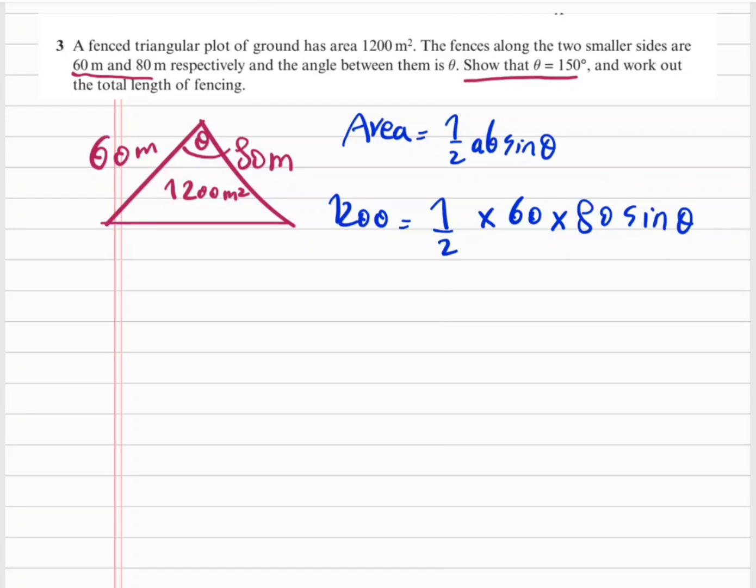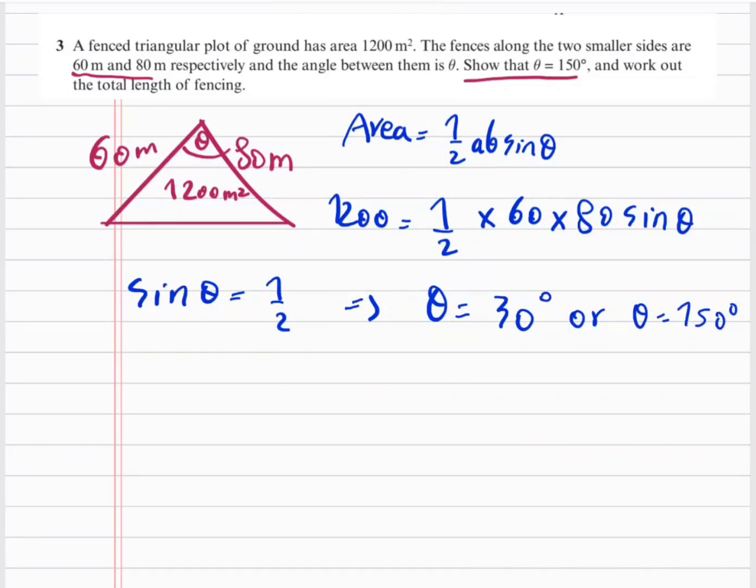So we essentially get sine theta is equal to a half, and now we just take the arc sine of both sides to find the value of theta, and there are two possible values. So one is 30 degrees and the other one is 150 degrees.